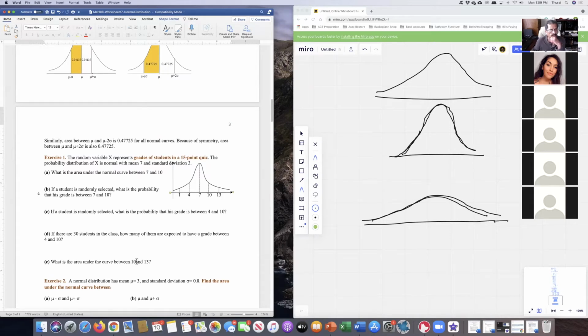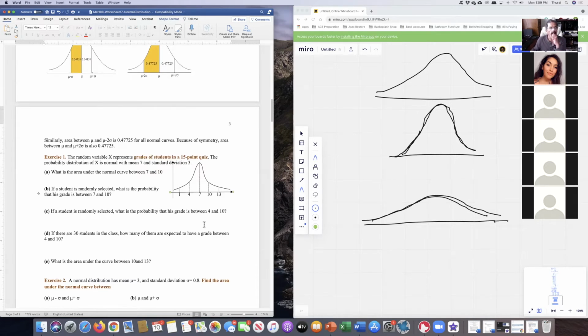Wouldn't the area be the same as between 7 and 10? The area between 7 and 10 is not equal to the area between 10 and 13. You can see in the picture, right? They're not equal. Okay.